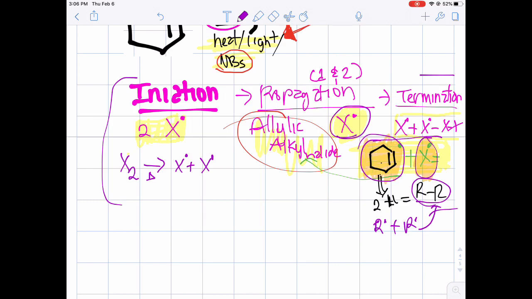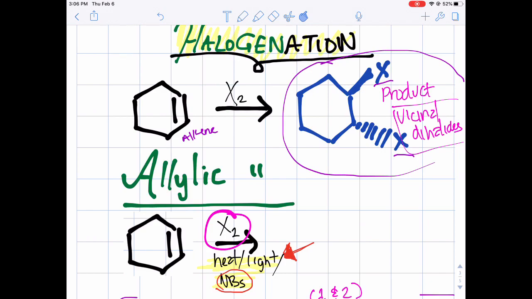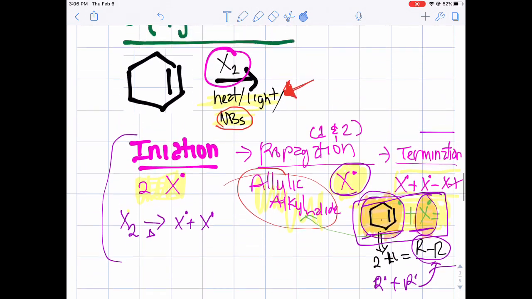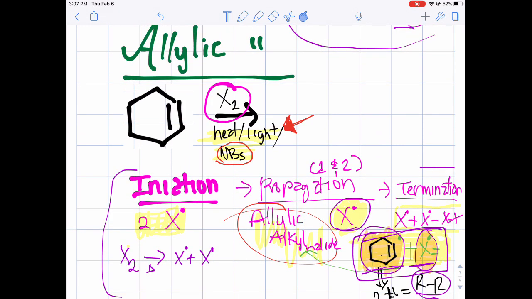But the major one that we are focused on is where the R radical, your carbon chain radical, and your halogen radical will come together to form an allylic alkyl halide. So, just going back on the differences, for halogenation you produce vicinal dihalides. For allylic halogenation you produce allylic alkyl halide.